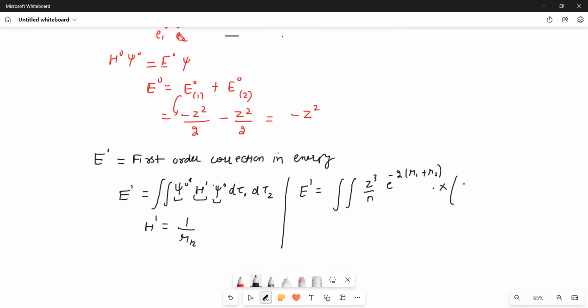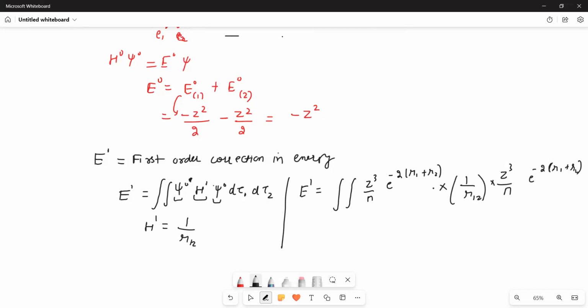Into H dash, and H dash is 1 upon r12. Again the wave function. Because your wave function is real, the star will not change anything. E raised to power minus Z times r1 plus r2.